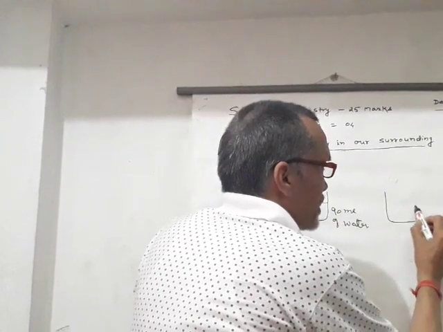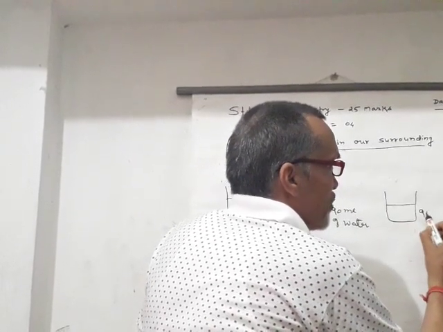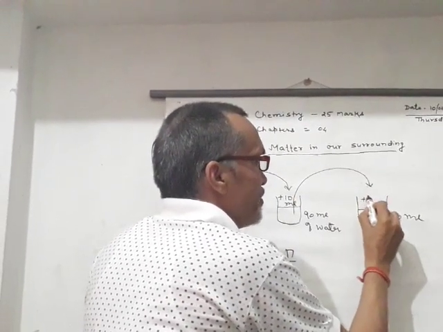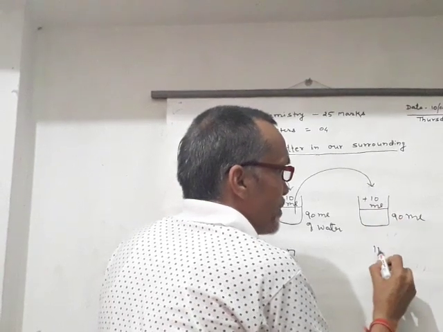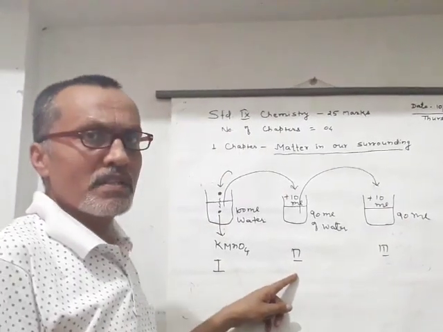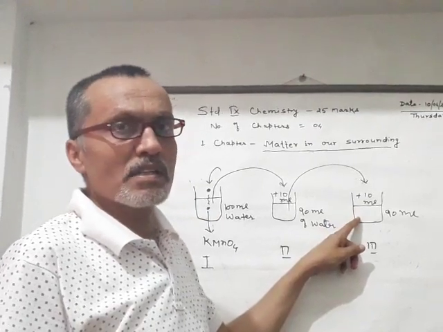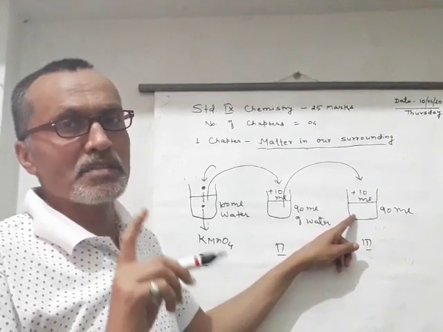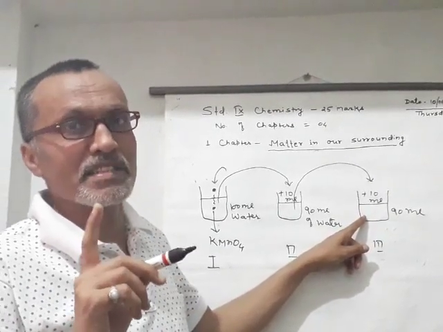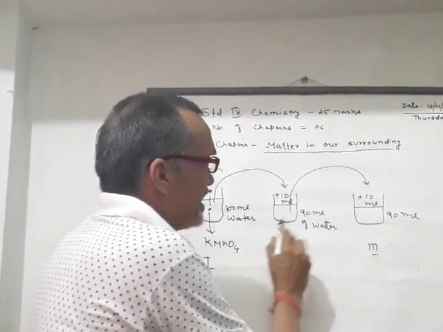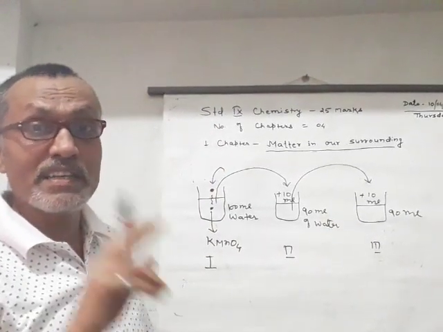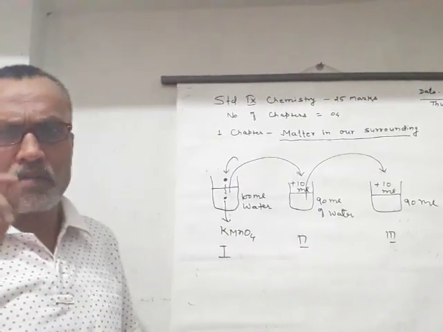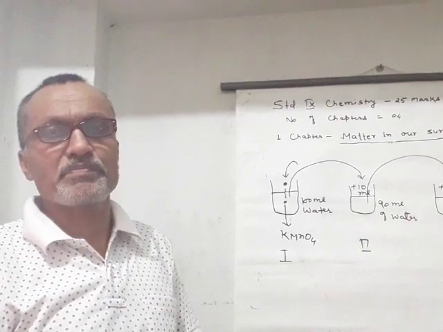Take a third beaker and also 90 ml water in this, and add 10 ml solution from the second beaker to the third beaker. What you see in the third beaker, water also gets changed. However, the intensity of color varies from beaker to beaker, but it gets changed. From these activities, you can conclude that particles of matter are very small.